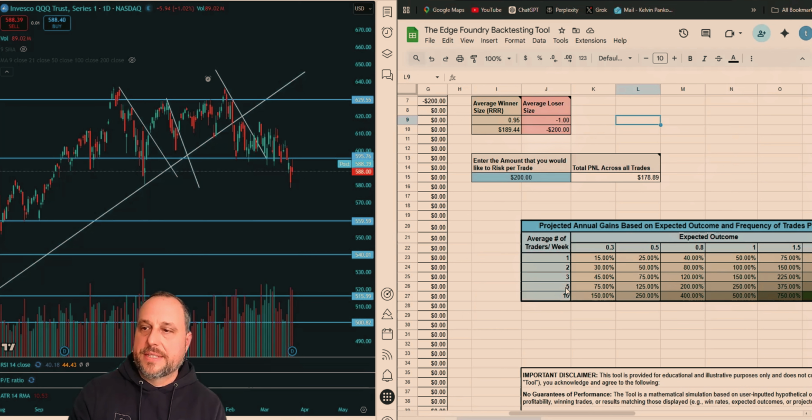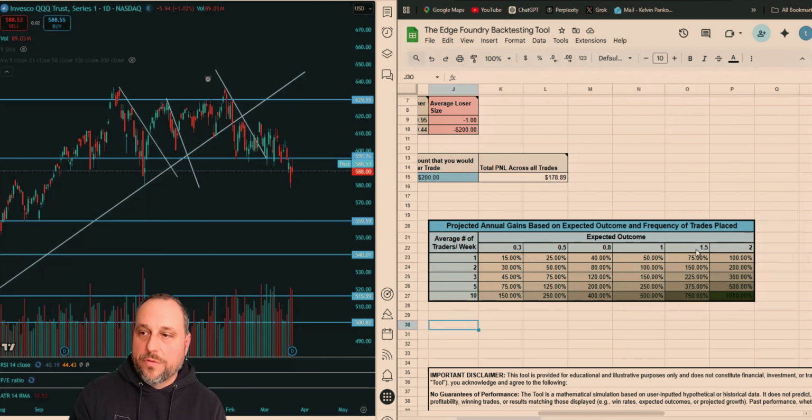Because if they place 5 trades per week and get this expected outcome after they pay for all their losers, they can make 75% on their account, given 1 to 2% risk per trade. So they think that's great. For retail, we probably are wanting to push it more to 0.5, 0.8, or even 1. There are even people out there who push it over 1 and are able to get more.